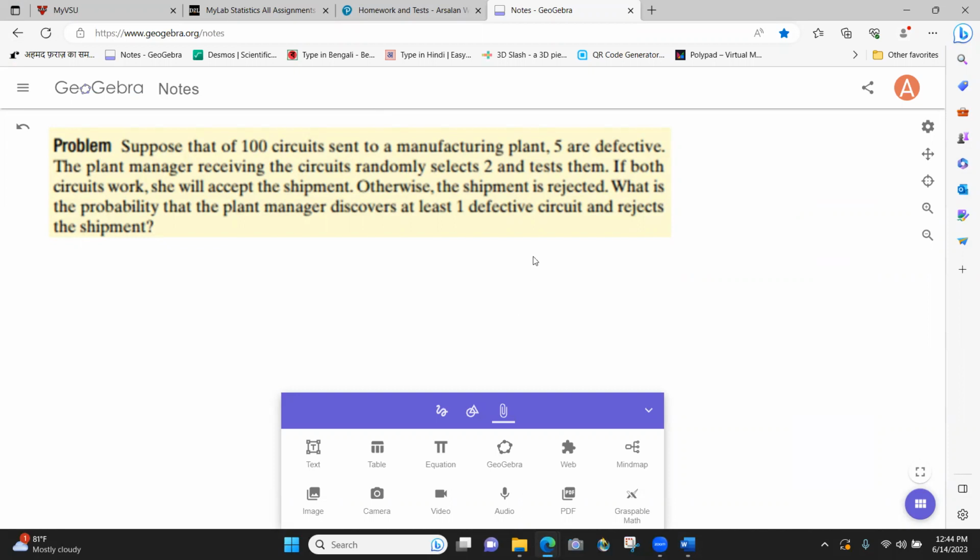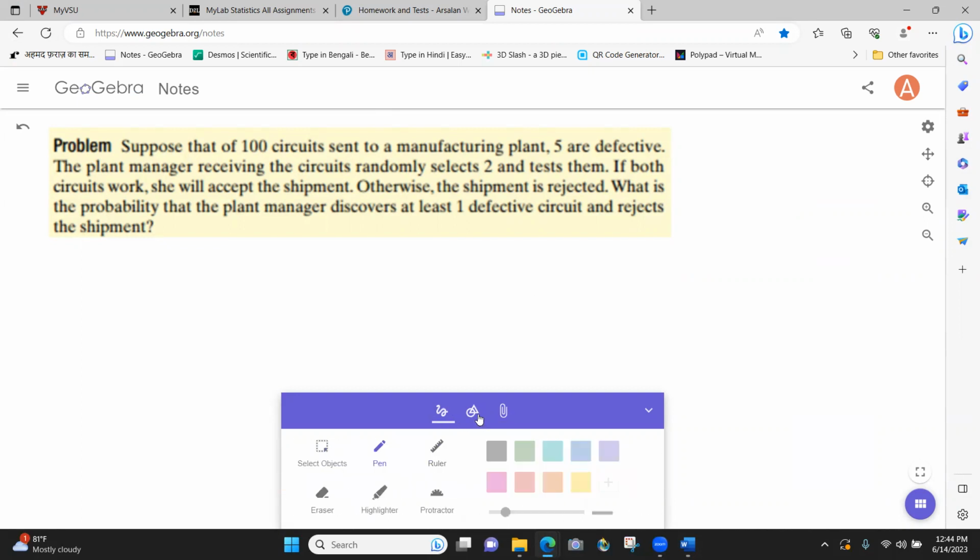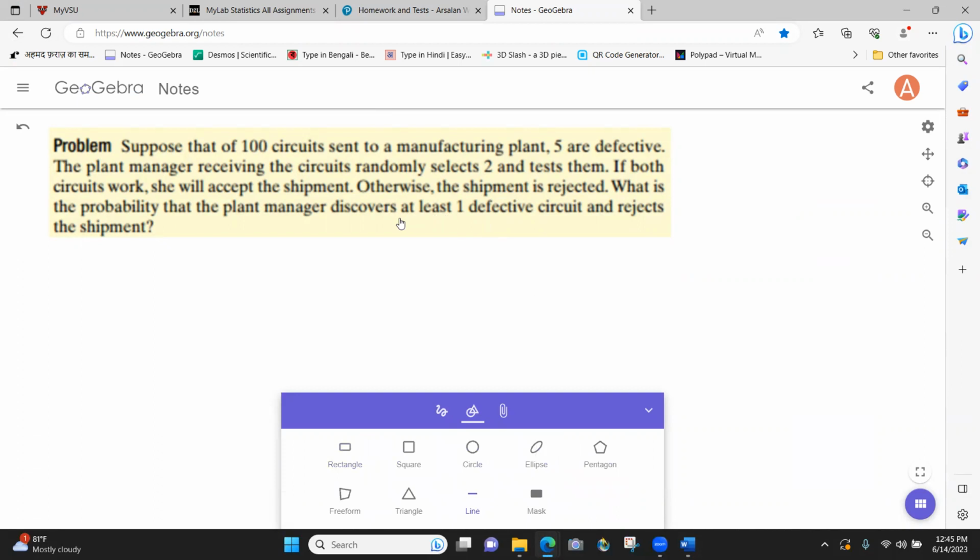So let's write it down. What is the probability that the plant manager discovers at least one? Remember, guys, when we talk about at least, we want to be a little extra alert. So let's first find the probability that both circuits will work out.